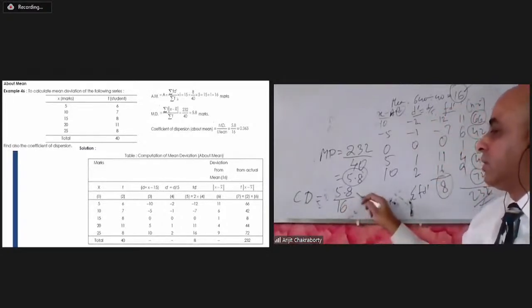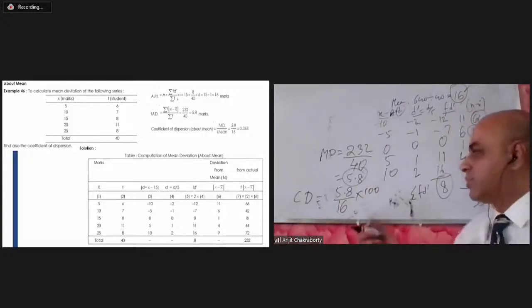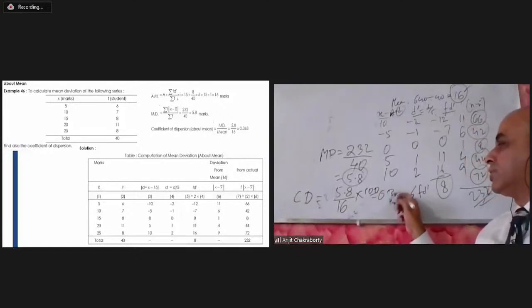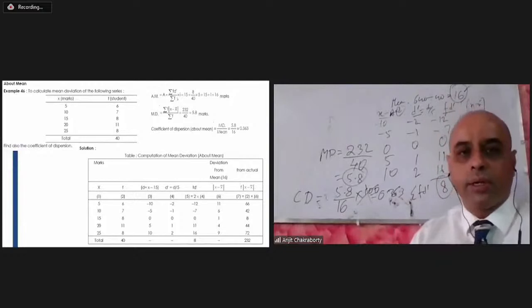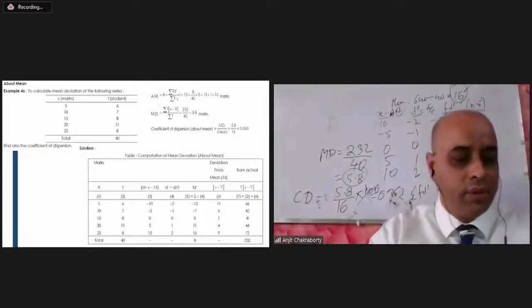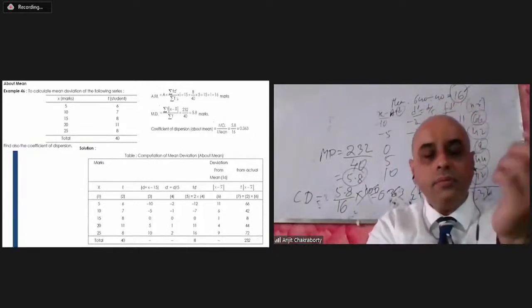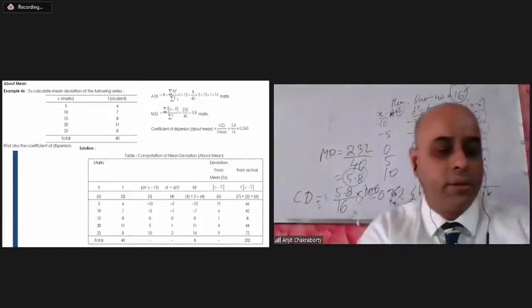So 5.8 divided by 16 into 100 comes to around 36.3, or if you don't multiply by 100, 0.363. So this is a complete example of how we do it in case there is a frequency.